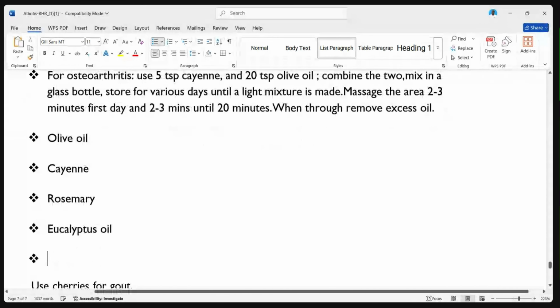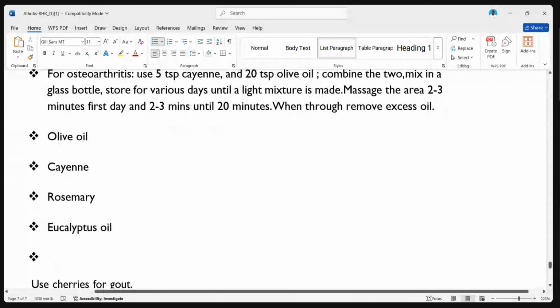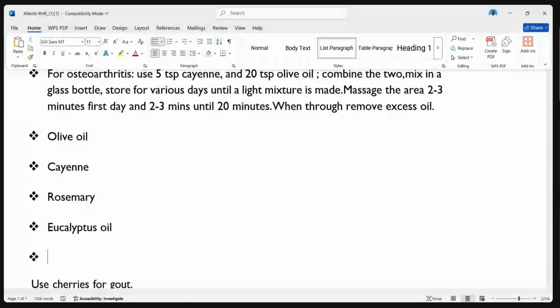You can add rosemary, cayenne, eucalyptus oil. You can actually use shea butter, lakini si lazima. And then you don't mix everything. You just make olive oil na cayenne na rosemary. Zinakaa for about 4 days hapo. And after that, of course, you shake every day.